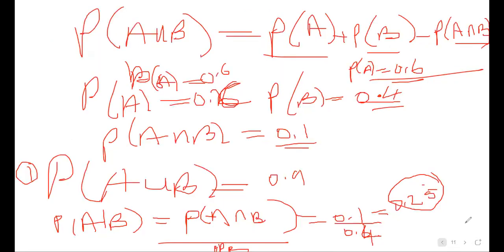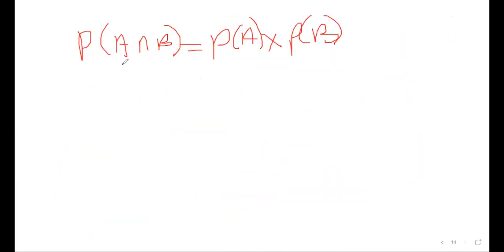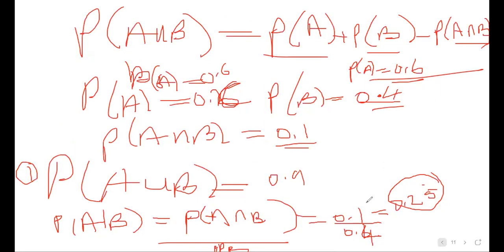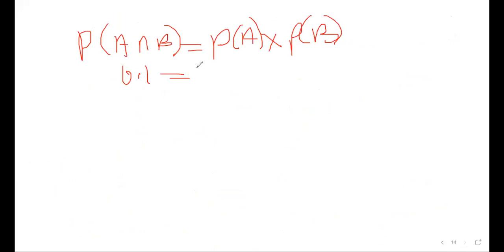So we have to carry out the intersection set already, which is 0.1. We have to say, is 0.1 equal to the probability of A times the probability of B, which is 0.6 multiplied by 0.4?